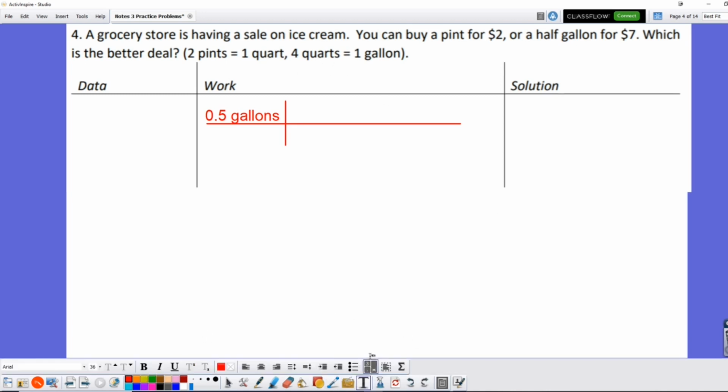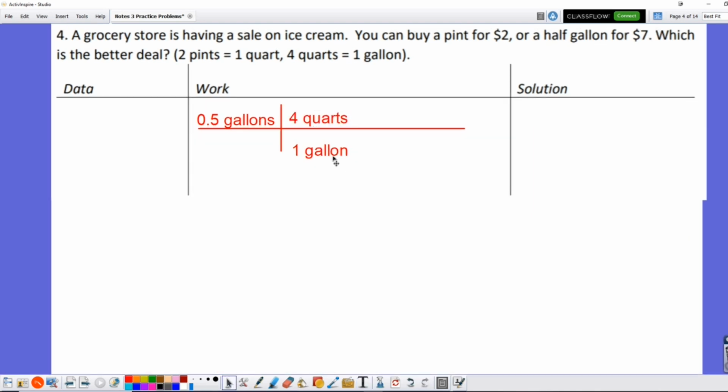I'm going to go ahead and put in that 1 gallon is equal to 4 quarts. And again, the reason why I'm putting gallon on the bottom instead of the top, why didn't I put 4 quarts on the bottom and gallon like this, is because if I want to cancel the gallon as a unit, I already have it in the numerator, so now I need it in the denominator.